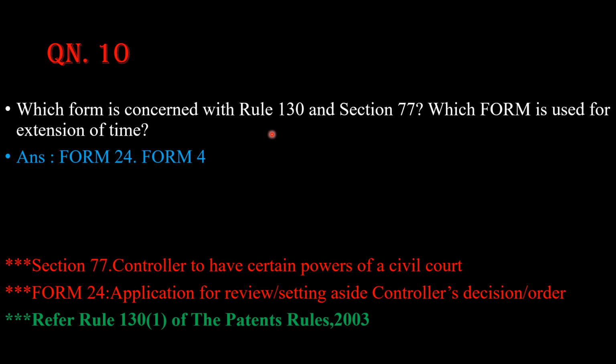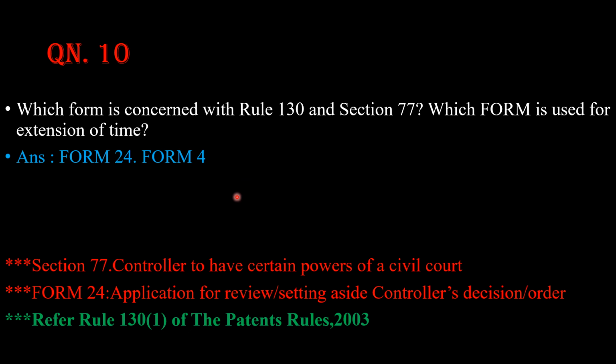But for this particular rule and this particular section, another form is needed here, so that is form number 24, or else we can say the specific form required as it is relevant to section 77, so the form number will be 24. So in this question, the answer for which form is concerned with rule 130 and section 77 will be form 24, and which form is used for the extension of time, overall the answer will be form number 4.